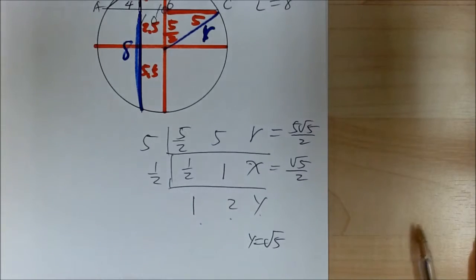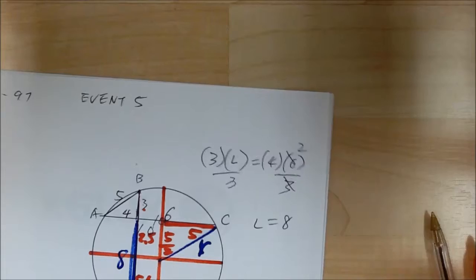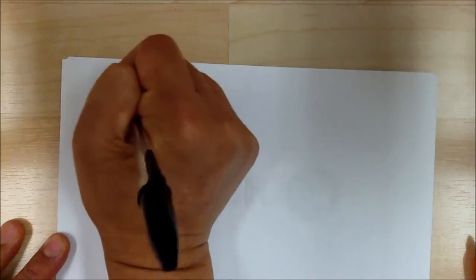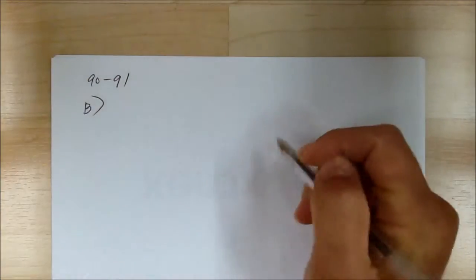Okay, now another type of problem you see a lot is when you have 2 circles that are tangent to each other. Okay, as soon as you see 2 circles tangent to each other, you need to go ahead and draw a trapezoid in. So let's go to 90, 91, and the B problem.